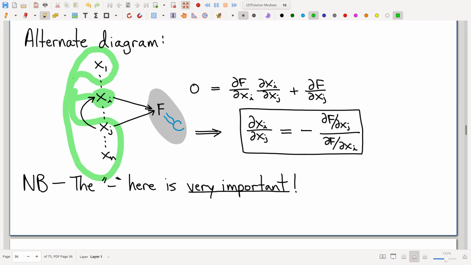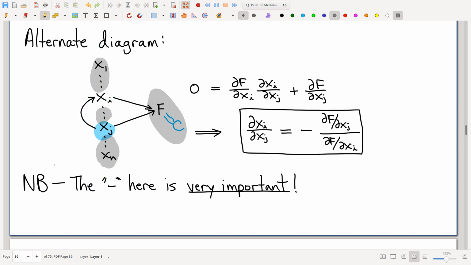Okay, so now we've got x is a function of all these other variables, and let's ask the reasonable question, how do I take its partial with respect to xj? Well, partial means all the other variables are to be held constant. Right, so here's our diagram at this point.